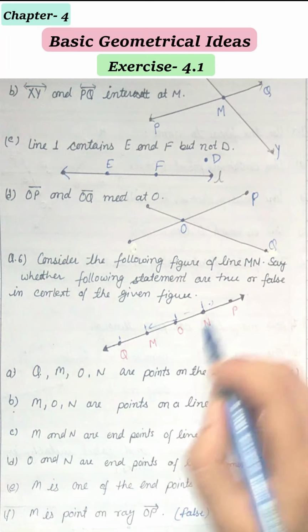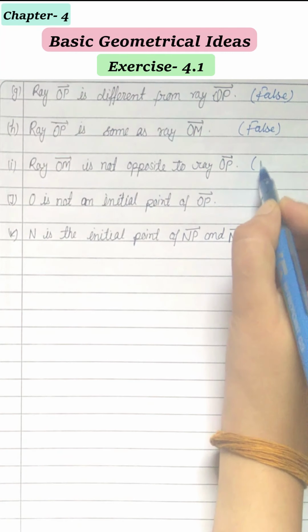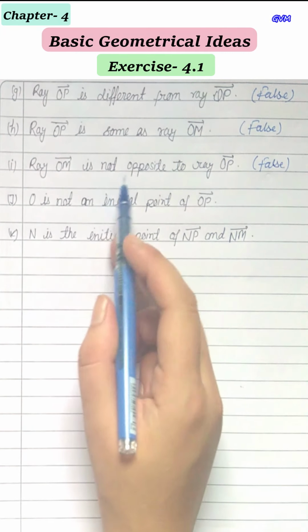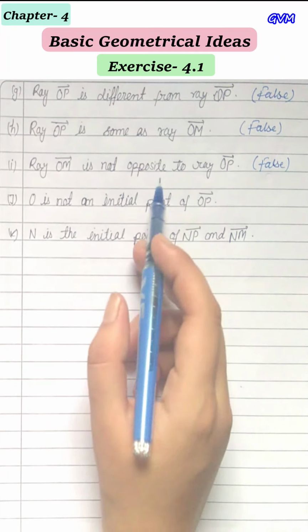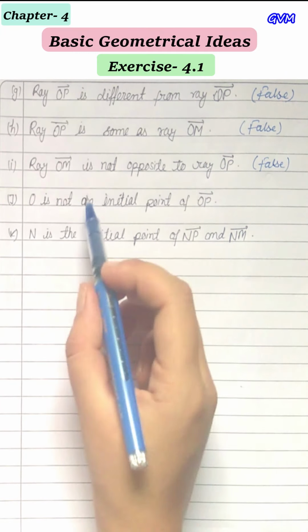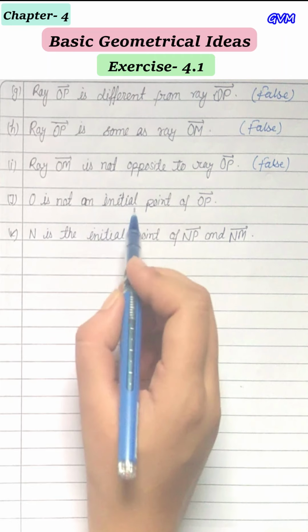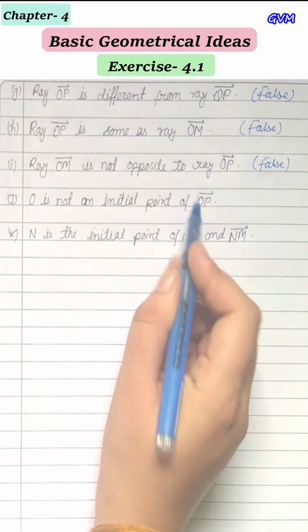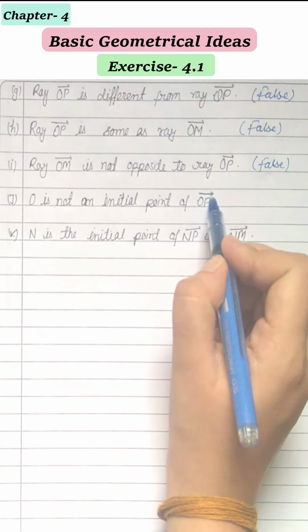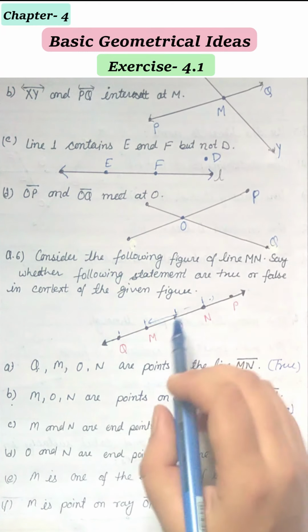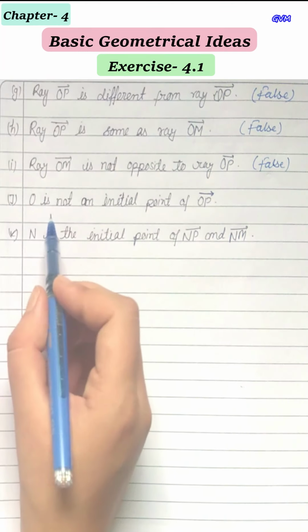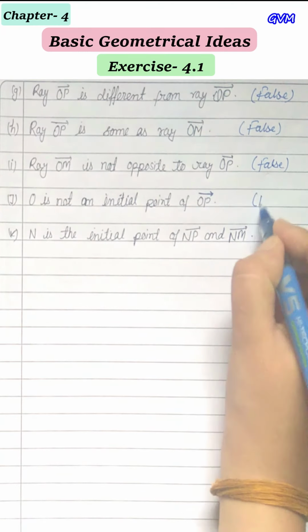These are opposite. That means this is false, since it is saying that these are not opposite. Now J part, we have O is not an initial point of OP. Over OP we are given a ray symbol. So the initial point of OP is O, which means J is false.